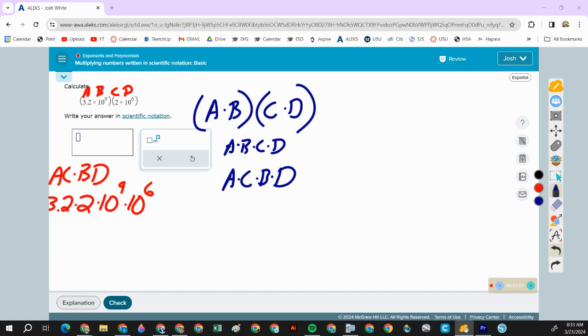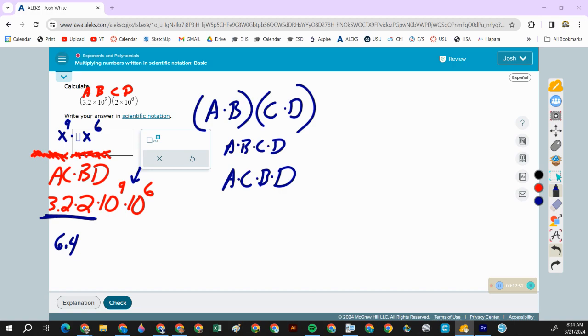Okay. Well, what is 3.2 times 2? 6.4. So this piece is 6.4. Now, that piece might look a little frightening, but if I had x to the 9th times x to the 6th, that would just be 9 x's times 6 x's, and I just count them all up, it would be x to the 15th, right?